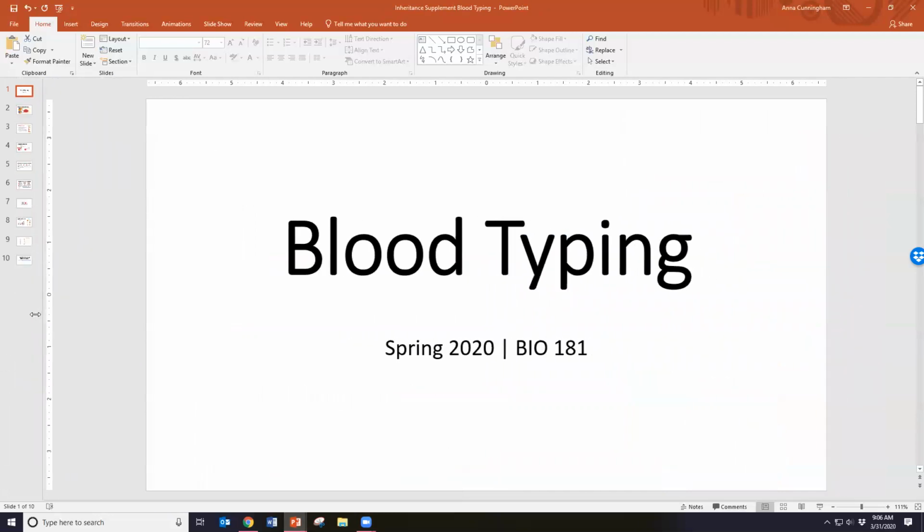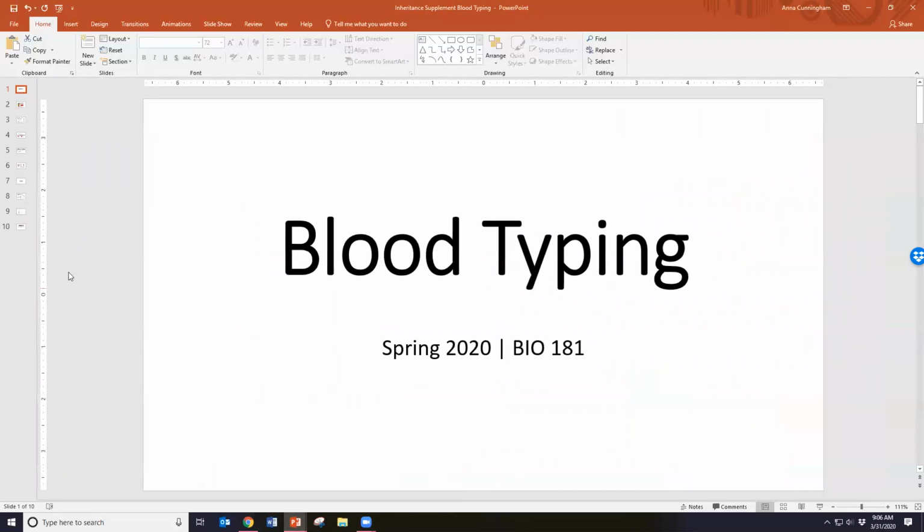It has to do with blood typing. I wanted to talk about blood typing because a lot of you are interested in it, which I love, and it also gives a really good example, again, of multiple allelism and codominance.